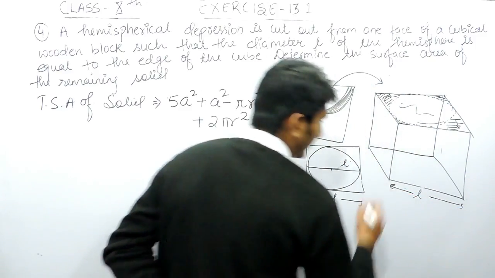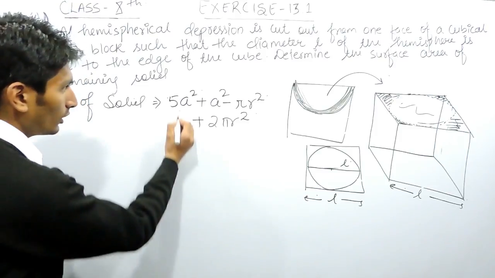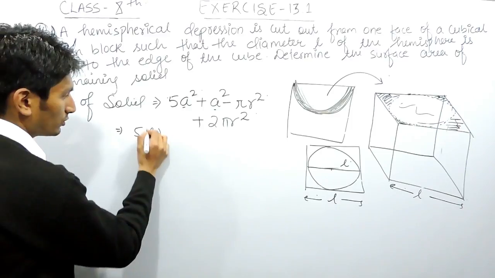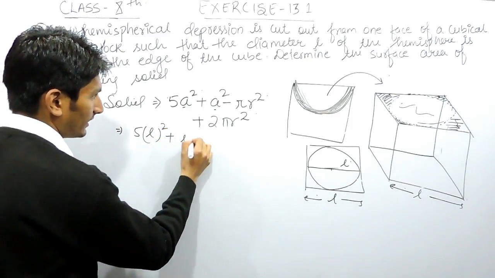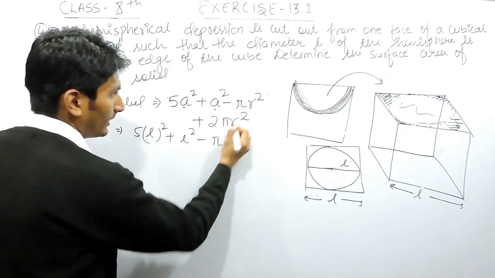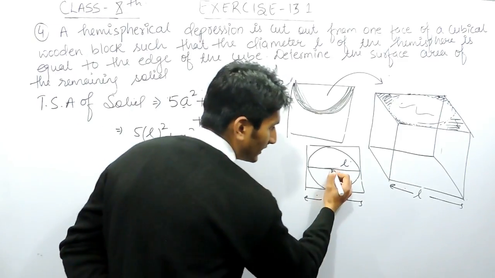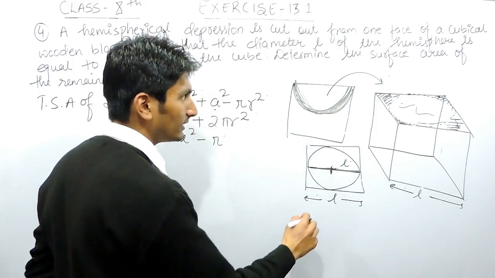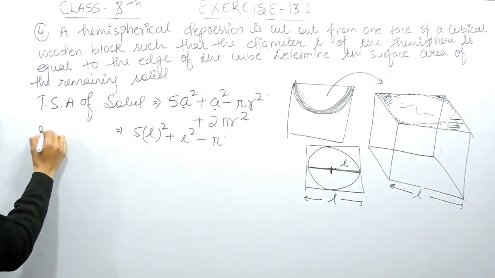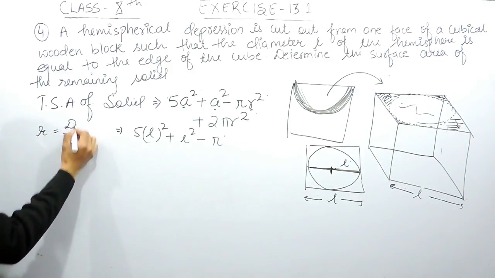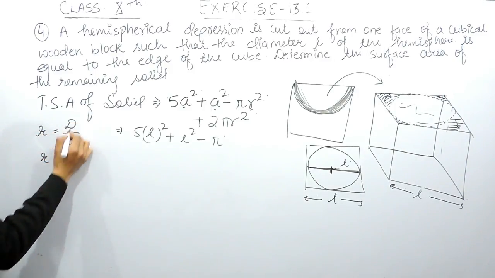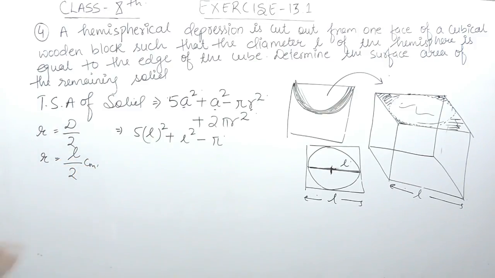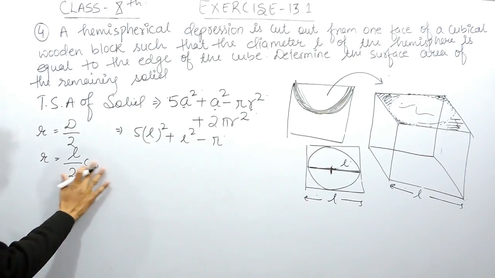Because all the edges of the cube are the same, the edge is L. So this will be L square plus L square minus pi. The radius is half of the diameter, d by 2, and since the diameter is given as L, the radius will be L by 2 unit meters.